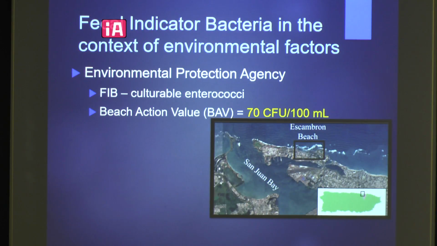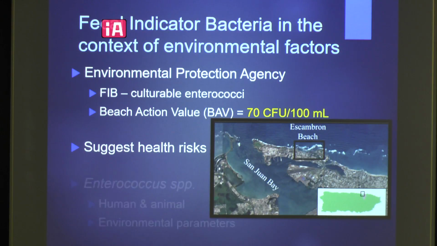I also looked at the specific beach action value, which was the threshold they identified that suggests a public health risk. The reason I say it only suggests a public health risk is because you need a specific source of human fecal pollution known to be able to correlate that with your indicator bacteria identified by the EPA.